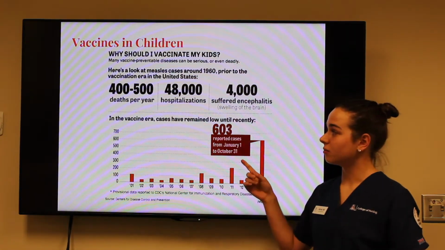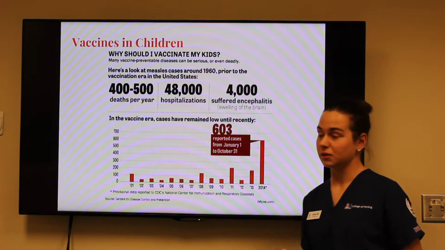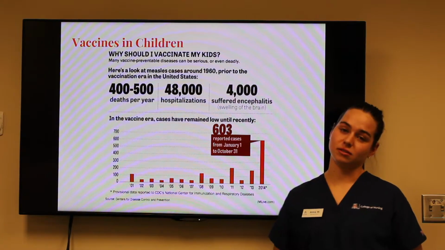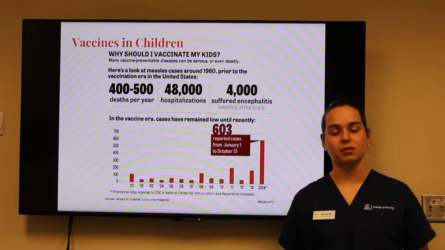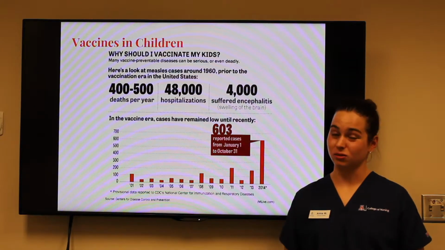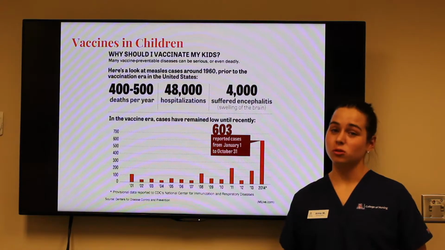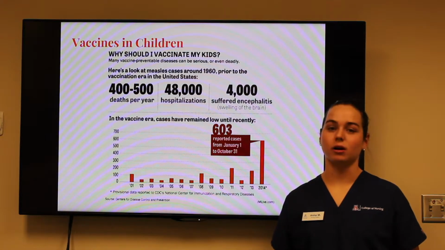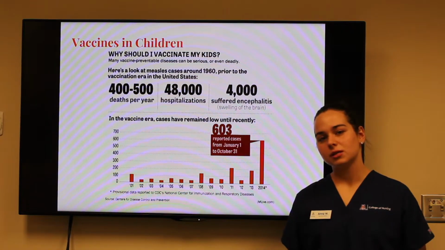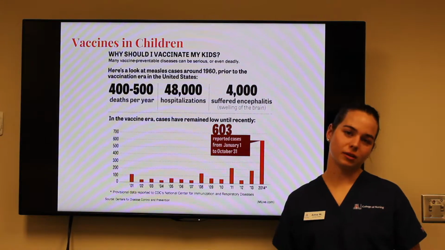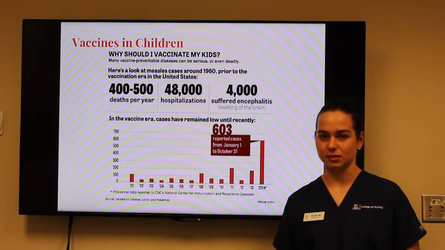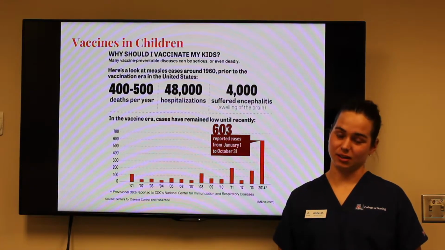We have 400 to 500 deaths per year due to measles, and 4,000 suffered encephalitis, which is swelling of the brain. It's a side effect of chronic measles and is usually fatal. Those are very big numbers compared to today, where a lot of people don't know what measles is, or they haven't seen it, and they're not really aware of the severity that the disease can be and the side effects that it can cause.